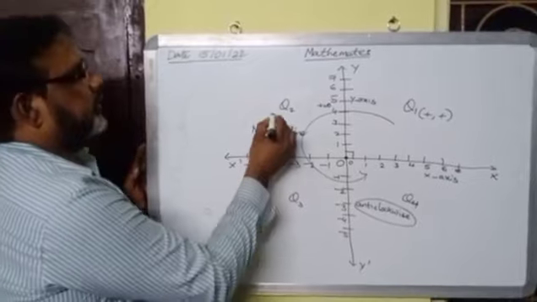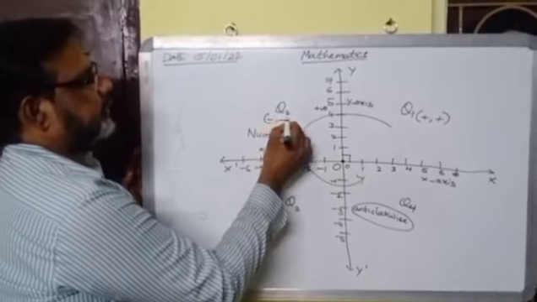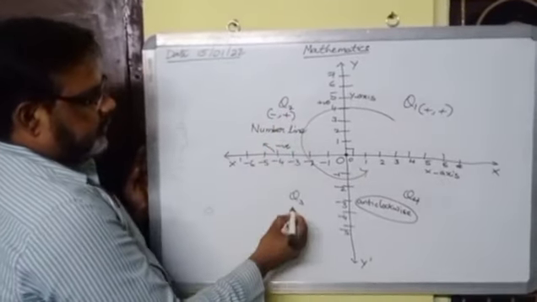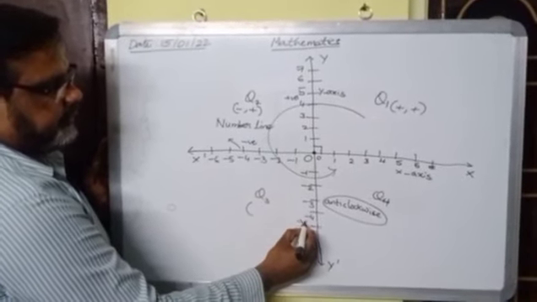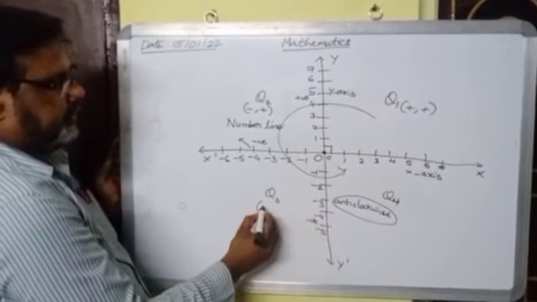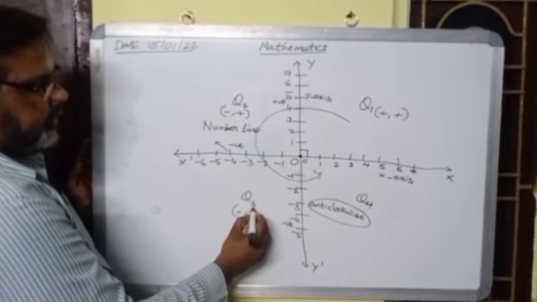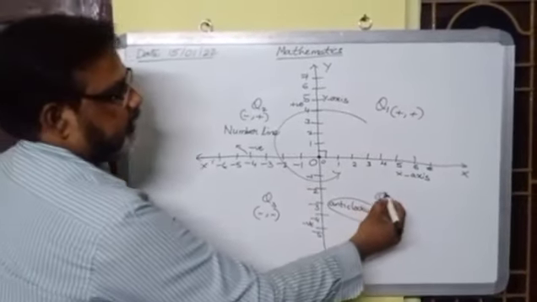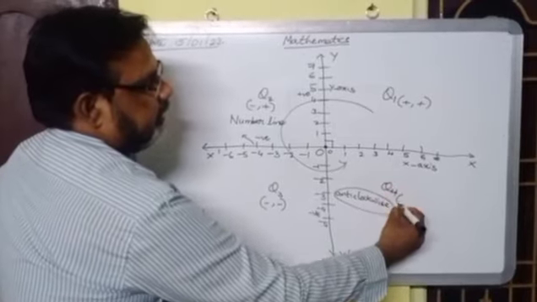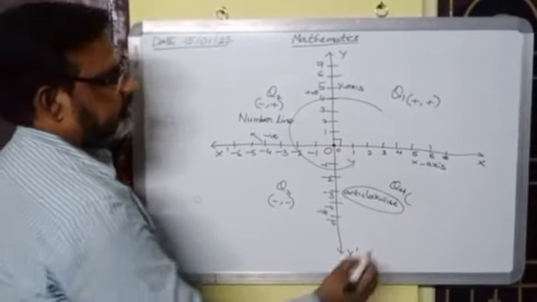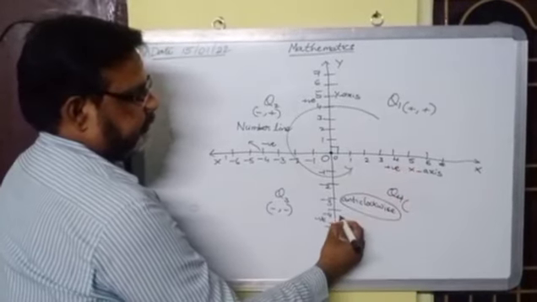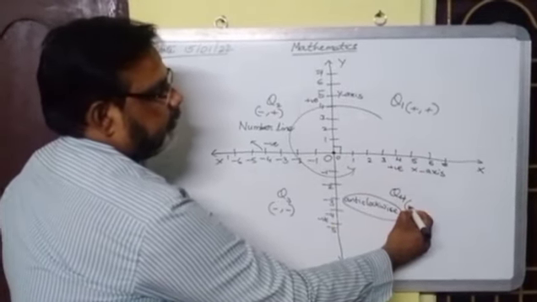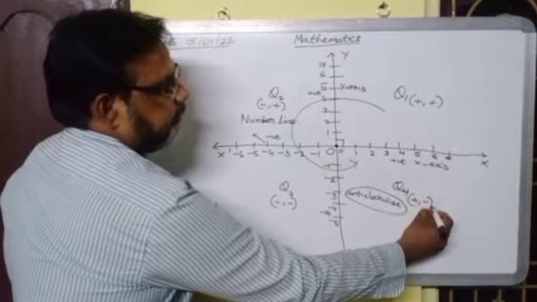So you will represent it as minus plus. The third quadrant, here x is negative and y is also negative. So here minus minus. If you take the fourth quadrant, here x is positive and y is negative. So here it is positive, negative.